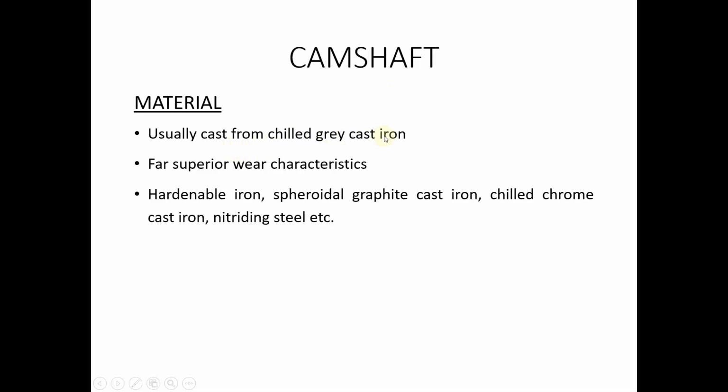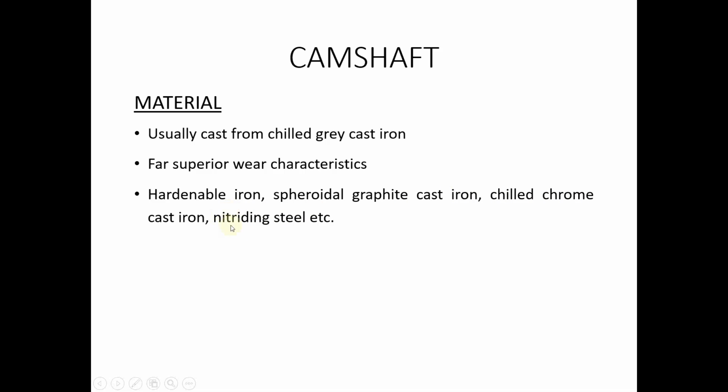Other than chilled grey cast iron, other materials that are used for manufacturing camshafts are hardenable iron, spheroidal graphite or SG cast iron, and chilled chrome cast iron is used in high performance engines.